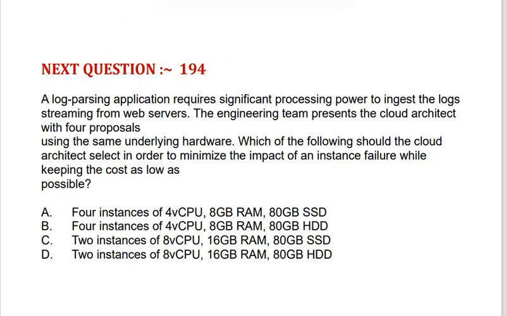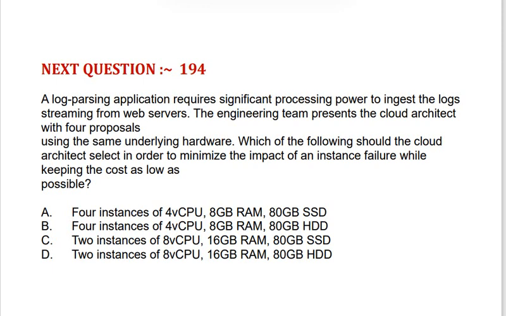Question is, a log parsing application requires significant processing power to ingest the logs streaming from web servers. The engineering team presents the cloud architect with 4 proposals using the same underlying hardware. Which of the following should the cloud architect select in order to minimize the impact of an instance failure while keeping the cost as low as possible?